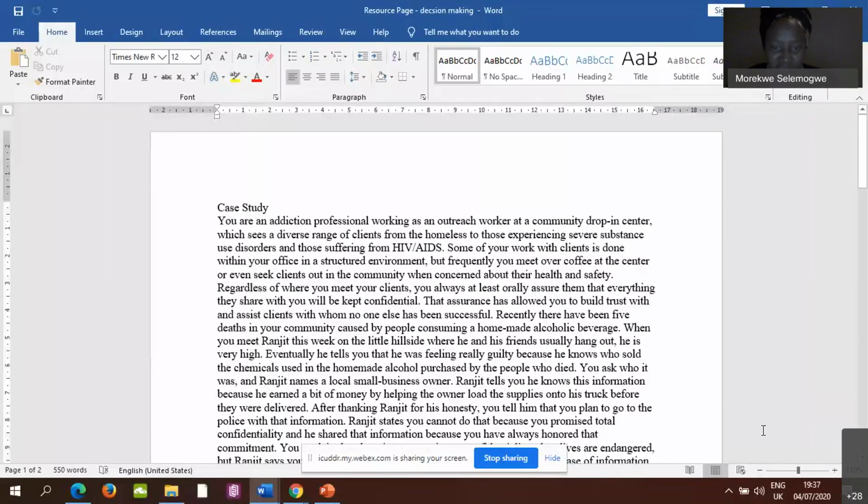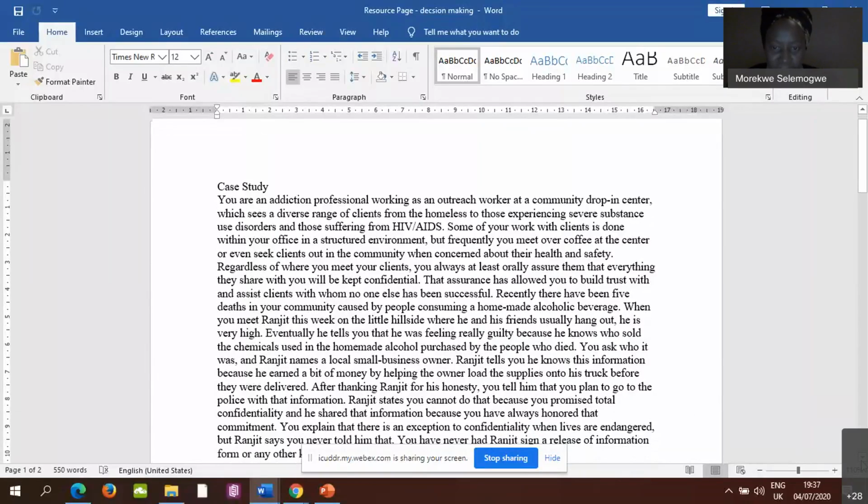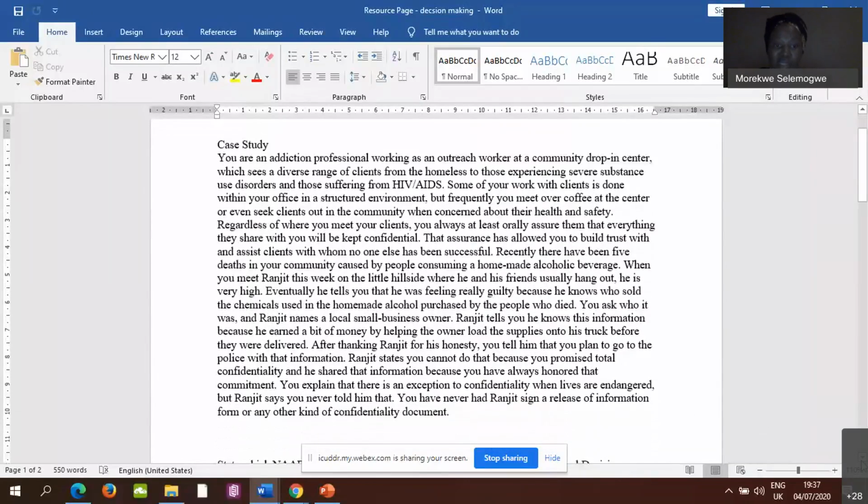After thanking Ranjit for his honesty, you tell him that you plan to go to the police with that information. Ranjit states you cannot do that because you promised total confidentiality, and he shared that information because you have always honored that commitment.